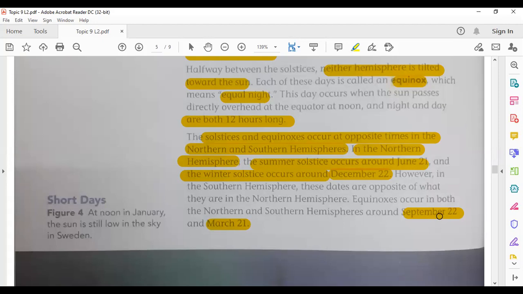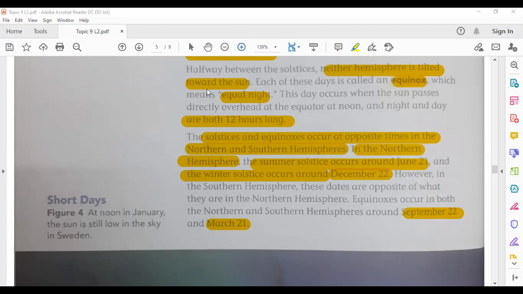On September 22, it is fall or autumn in the northern hemisphere, and it is spring in the southern hemisphere. On March 21, it is another equinox, day and night are equal, but it is spring in the northern hemisphere and autumn in the southern hemisphere.